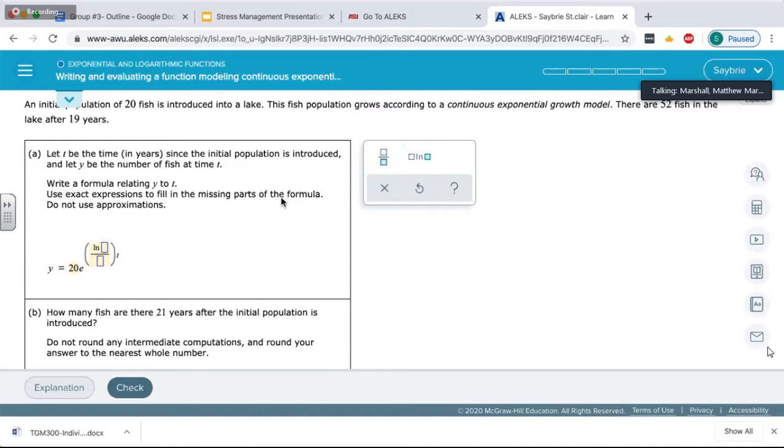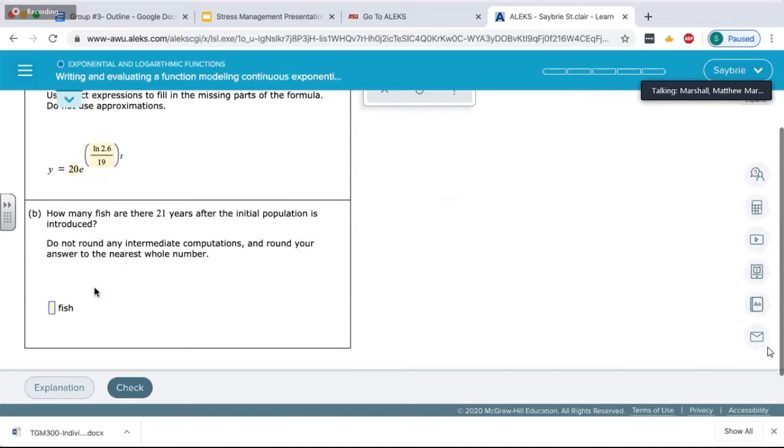Natural log 2.6, and then on the bottom you got 19. That's that one.